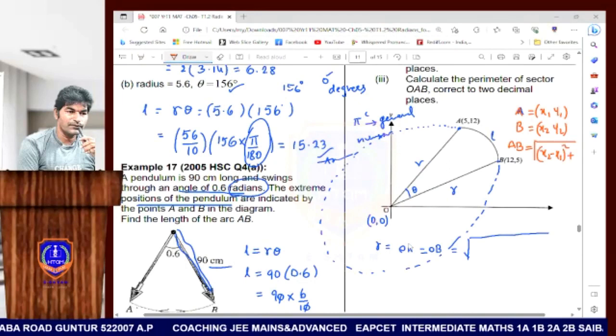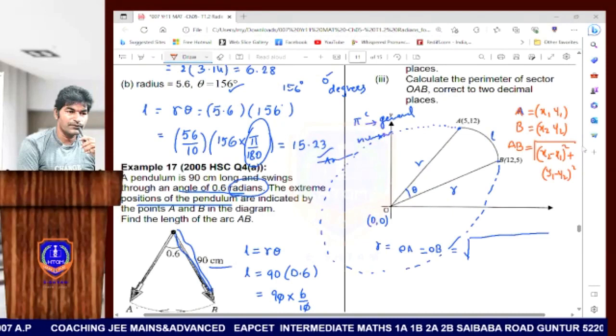That means you can say x2 minus x1 whole square or x1 minus x2 whole square. Both are the same. And y1 minus y2 whole square.